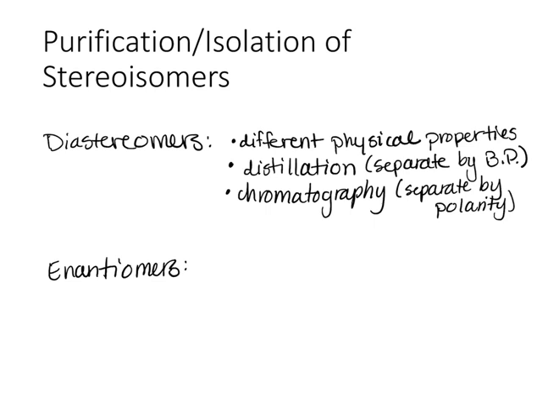The other way that you could separate diastereomers is by using recrystallization. And you can read about recrystallization in your Zubrick manual. But with recrystallization, you can separate molecules by their solubility.